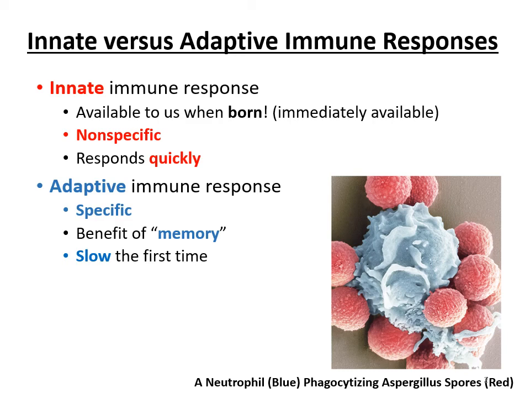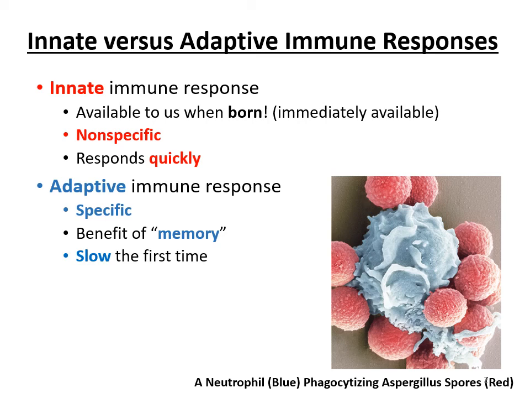Adaptive, on the other hand, if you think of adapt and adaptations, you think of long-time evolution, changing, growing with time. And that's what your adaptive immune response is. It's your immune response that changes throughout your lifetime. It's constantly evolving, because this is the very specific immune response, okay?